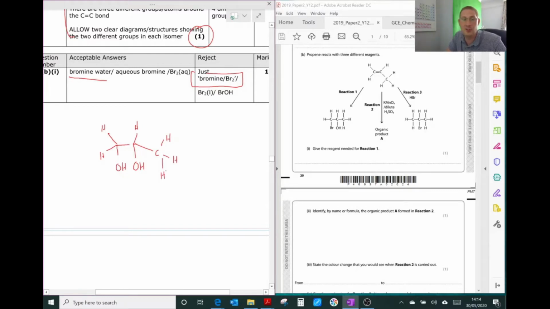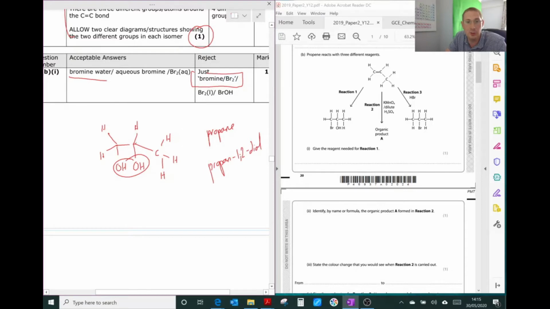So it asks you for the formula or the name. Well, this is clearly 1, 2, 3, propane, so propanol, because it's got the alcohols, so propane-1,2-diol. Okay, that would be the name.